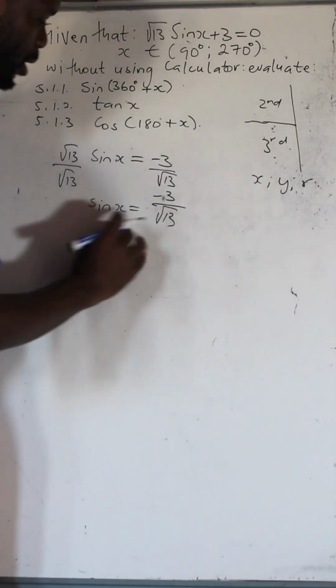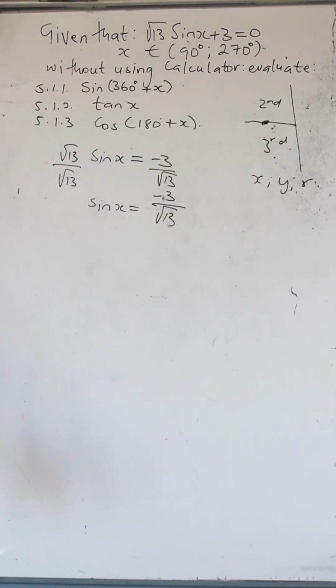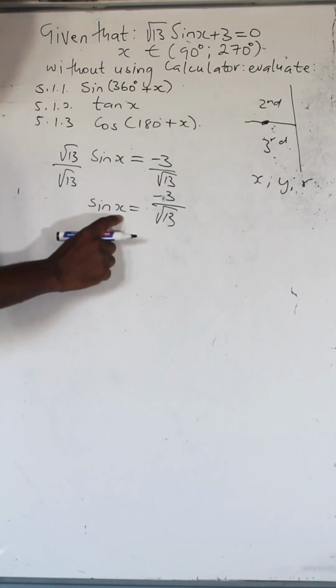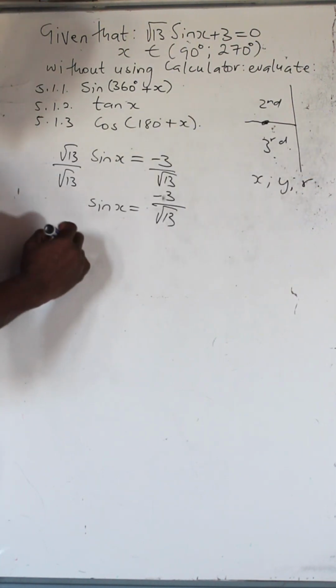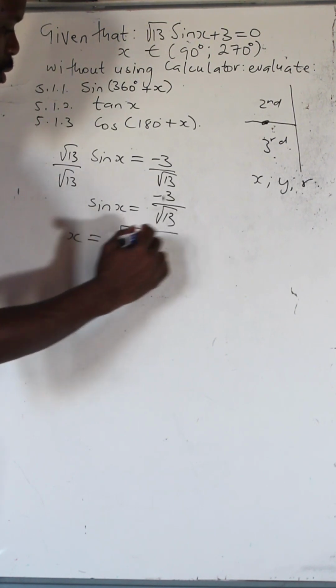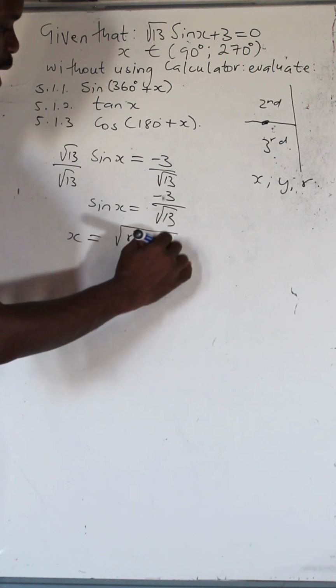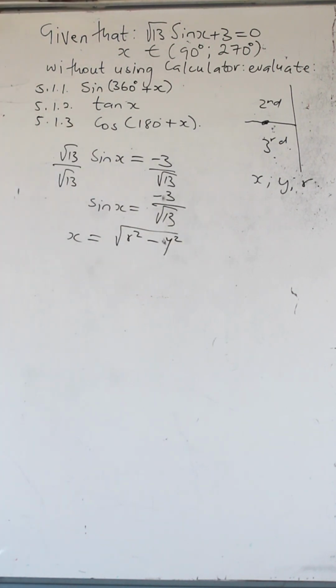So now we can find the value of the x for this particular graph. Please ignore this particular x. We're talking about this x here. So x would be the square root of r squared minus y squared.